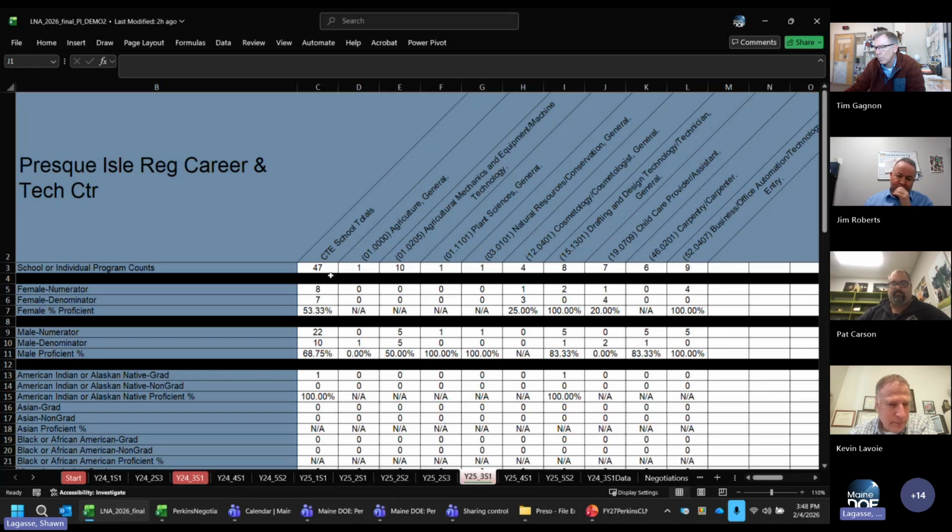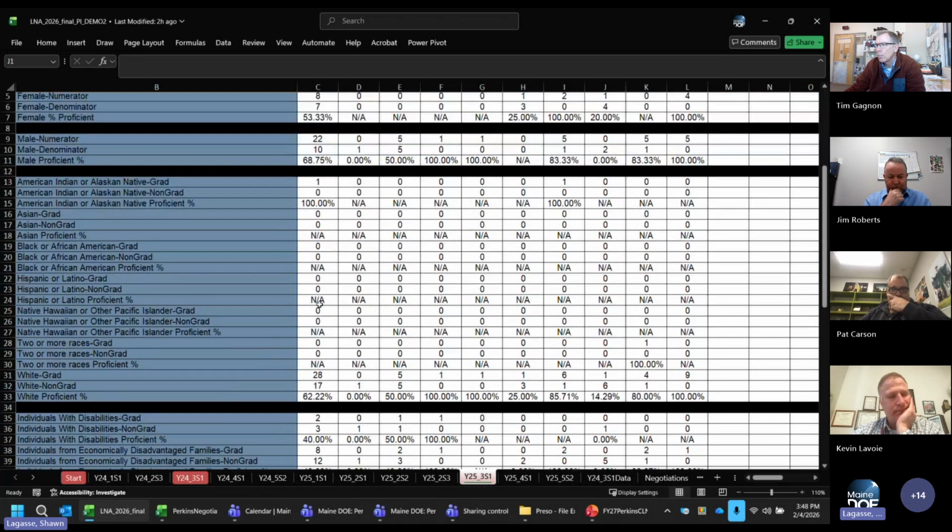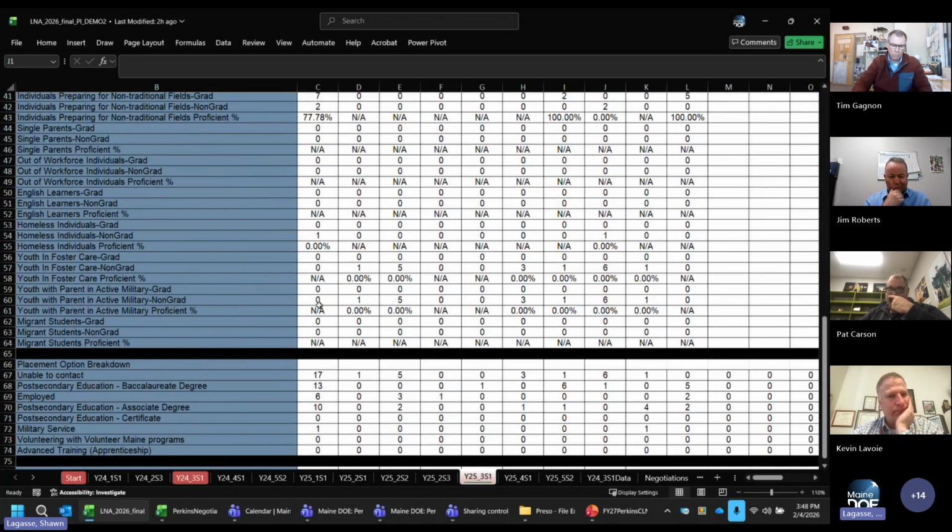It's 10 kids. So right now I know any additional kids that I can't contact are going to have a higher impact on my percentages because it's just a smaller number. Looking at the values overall, if I scoot down and look at unable to contact, 17.